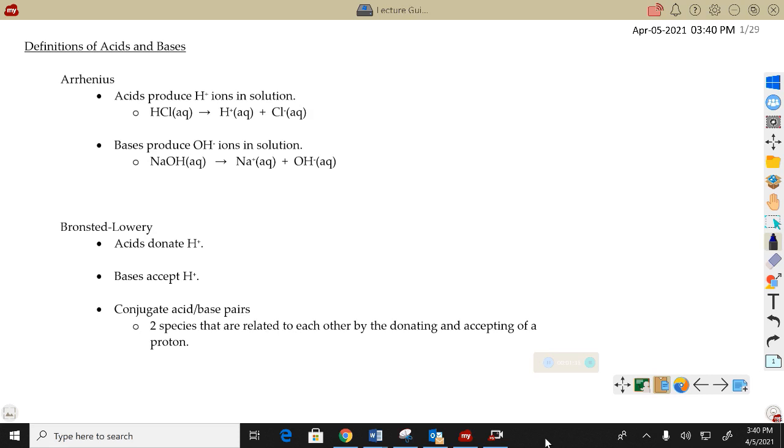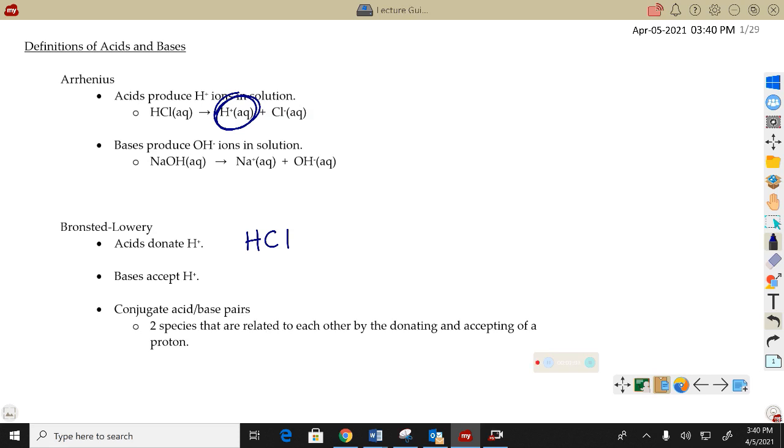In that sense, if I have a solution like HCl and it's going to dissociate to form hydrogen, well, that hydrogen ion is then being produced in the solution. It's donating hydrogen, it's producing hydrogen in the solution.